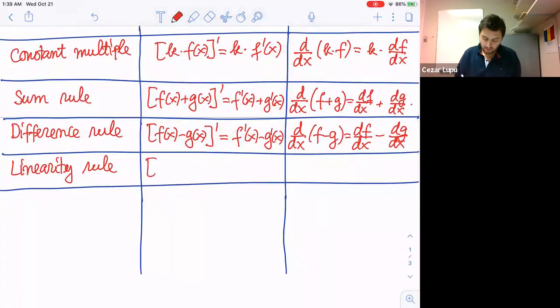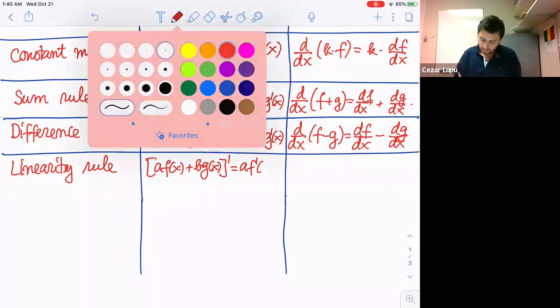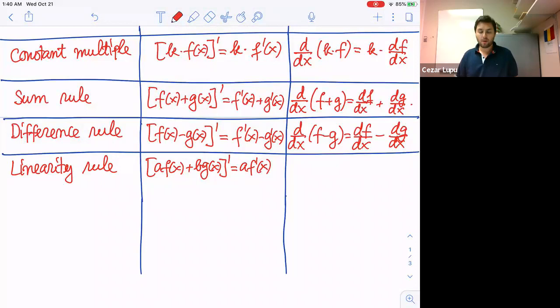For example, if I have a constant a times f of x plus a constant b times g of x, everything prime, this would be nothing other than just a times f prime of x plus b times g prime of x.